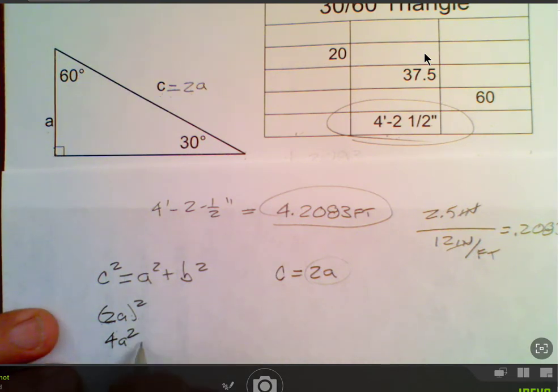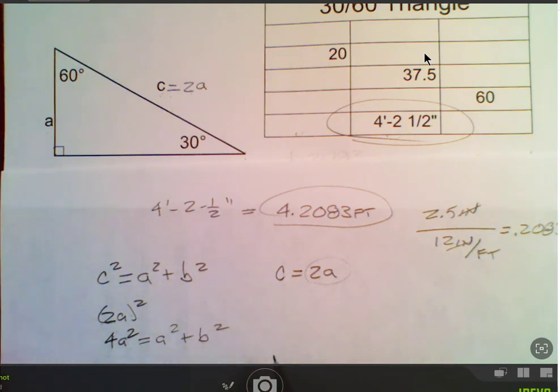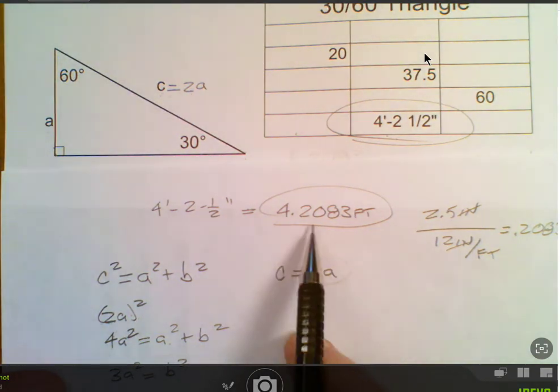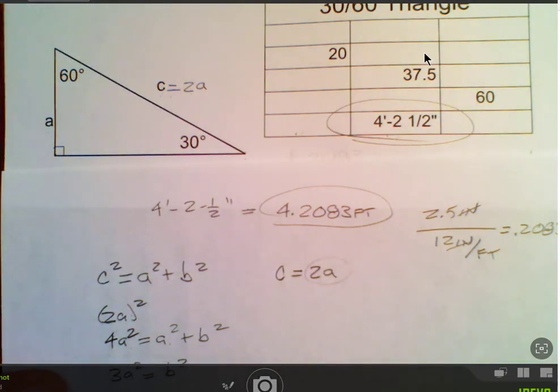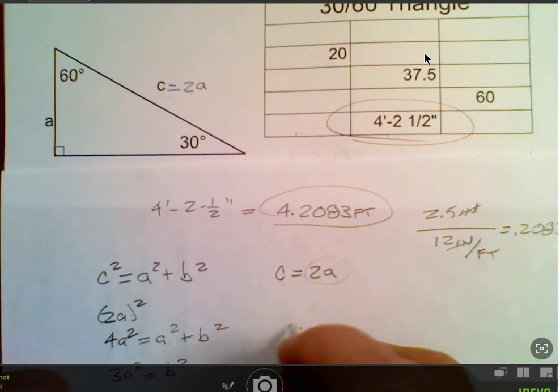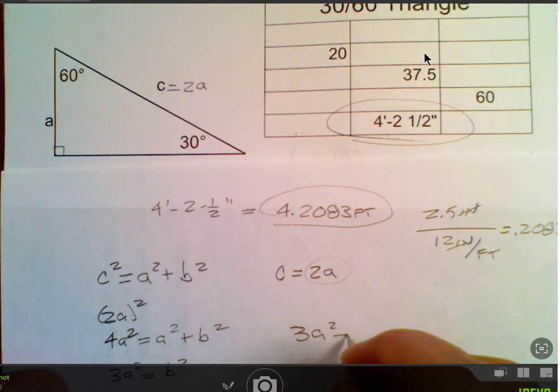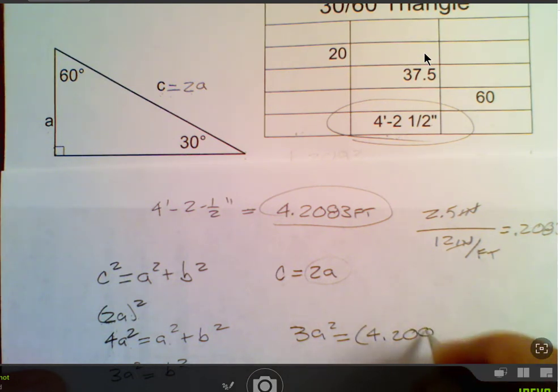Now that you have 4A squared, go over here and say that equals A squared plus B squared. Well, we can subtract A squared from this value. So we have 3A squared equals B squared. Now we only have two unknowns, and that means we can substitute 4.2083 feet for B. So if we do that, back over here, we say 3A squared equals 4.2083 feet squared.